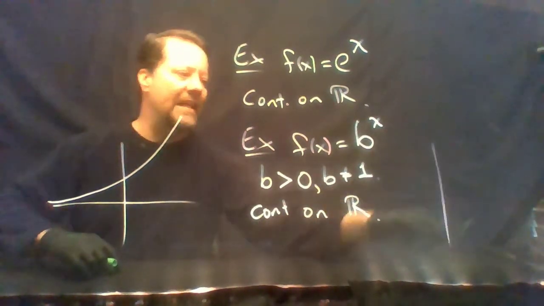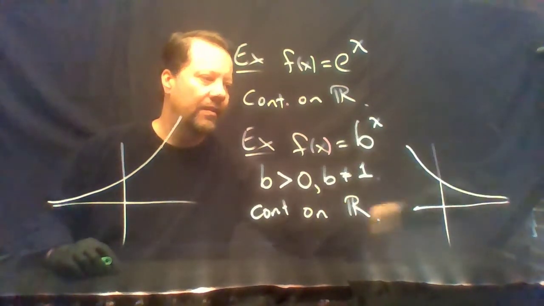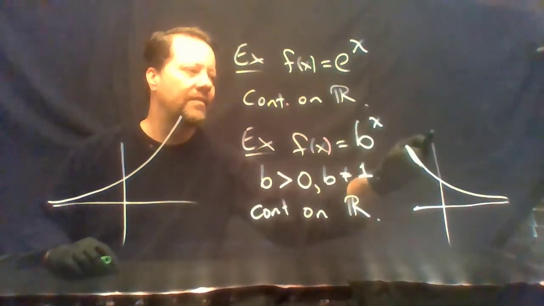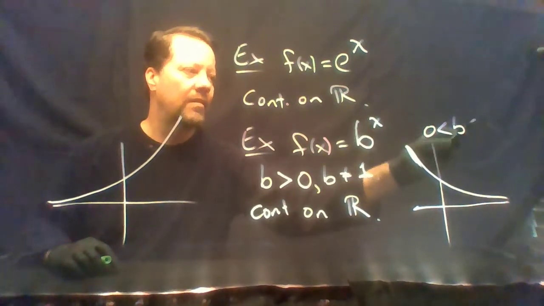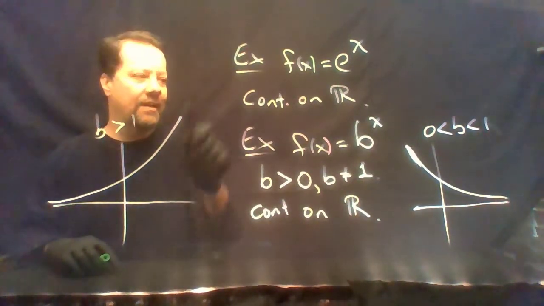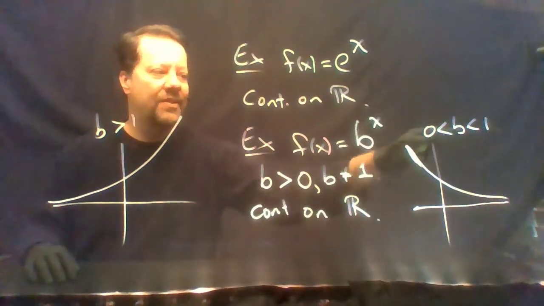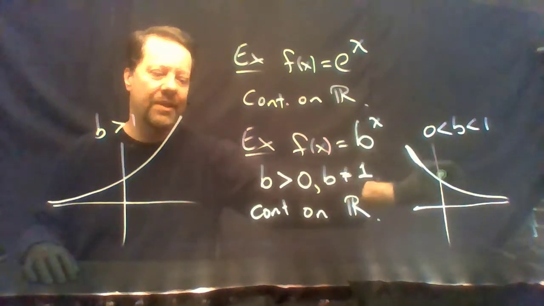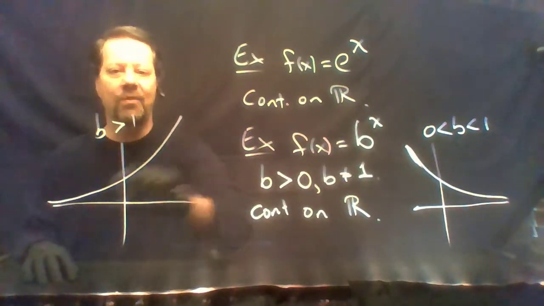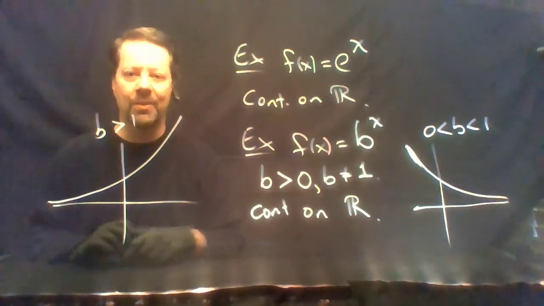If b is between 0 and 1, the graph will look something like this. And if b is greater than 1, then the graph looks like this. Bases between 0 and 1 give you models for exponential decay, whereas bases bigger than 1 give you models for exponential growth. Of course, b equals 1 gives you a constant.